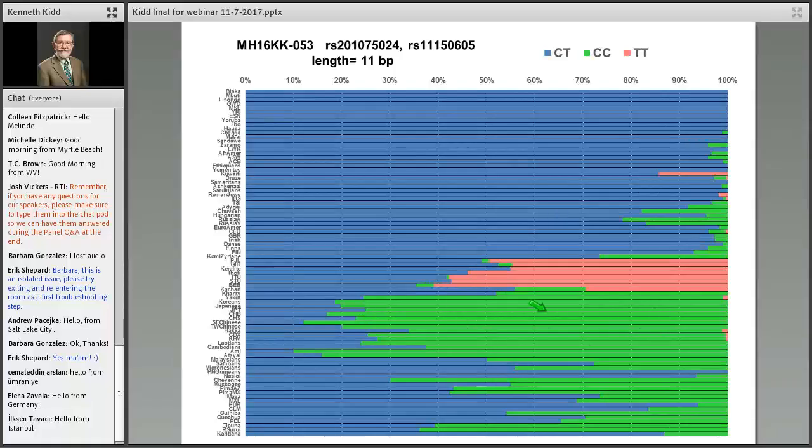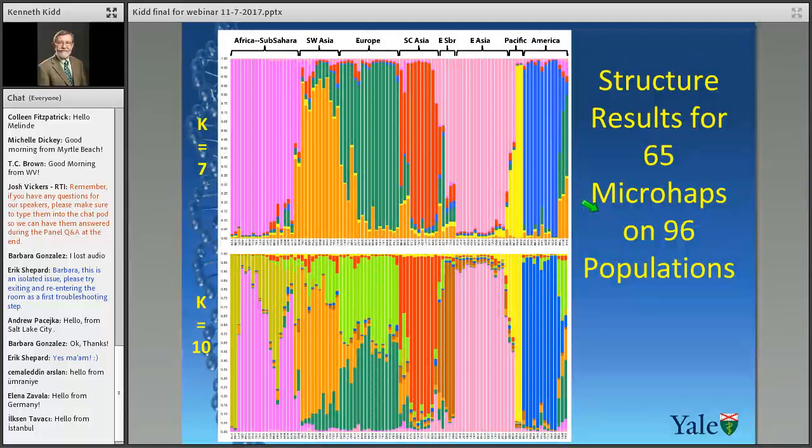This is a highly restricted common variant, and East Asia has still a different variant, very common. So it's possible to get quite a bit of ancestry information for some parts of the world.